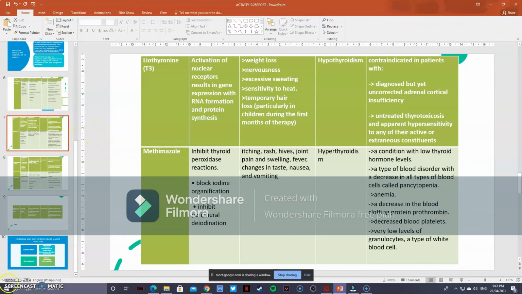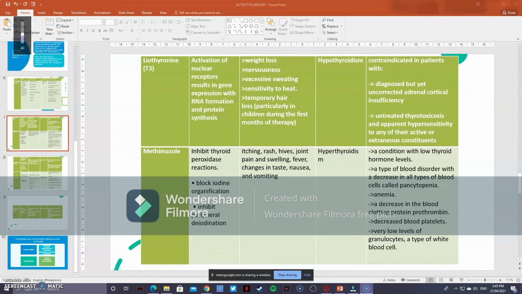Second drug is liothyronine, T3. Mechanism of action is activation of nuclear receptors, resulting in gene expression with RNA formation and protein synthesis. Adverse effects: weight loss, nervousness, excessive sweating, sensitivity to heat, temporary hair loss, particularly in children during the first months of therapy.